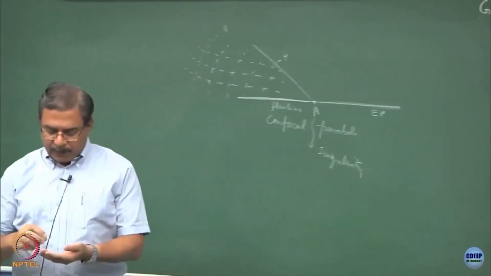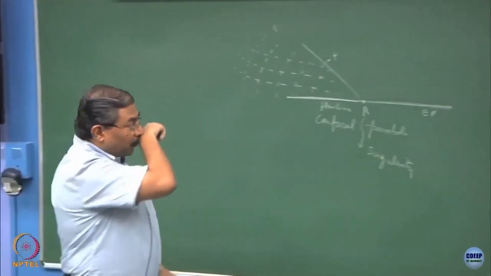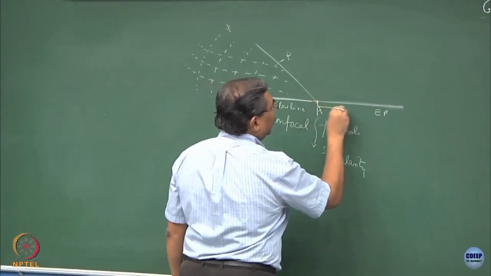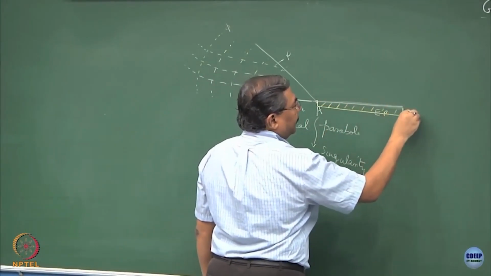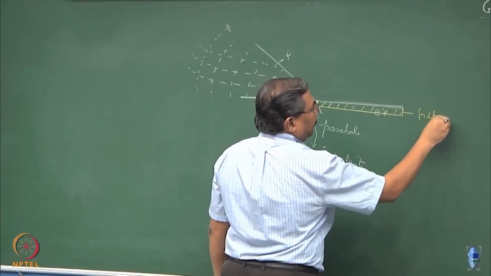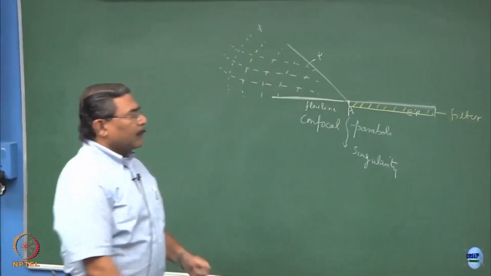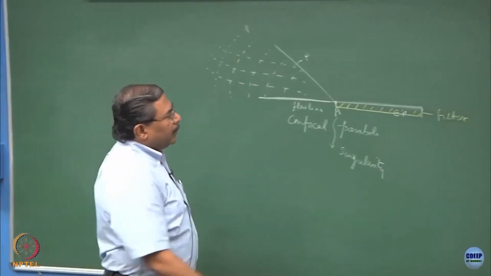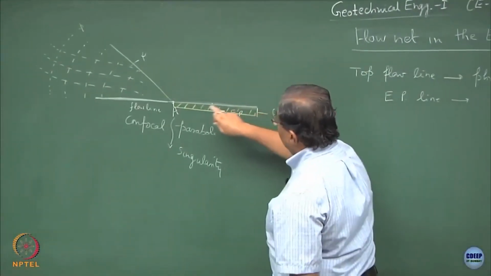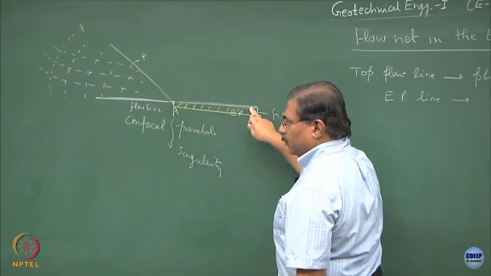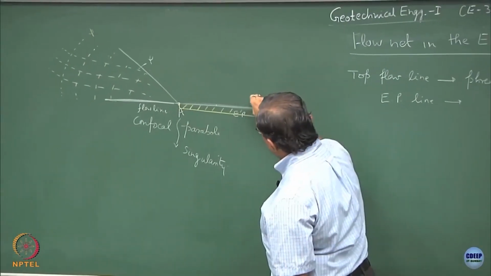Now, this type of a situation can be created by putting a filter layer. The moment you put a filter layer, this becomes an equipotential, the atmospheric pressure prevails over here, and hence the total head is going to be 0 at this point.